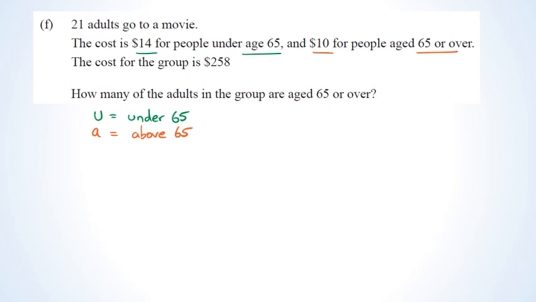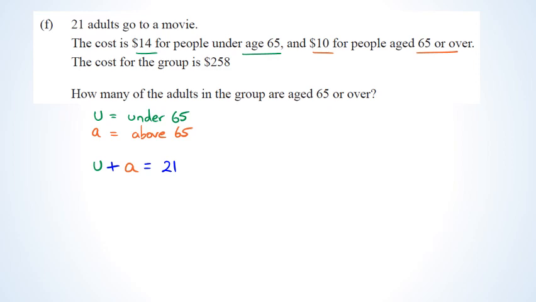So straight away I can do my first equation, because U is the number of people under 65 plus A, the people above 65, and this is equal to 21 because we have 21 people going to the movies.